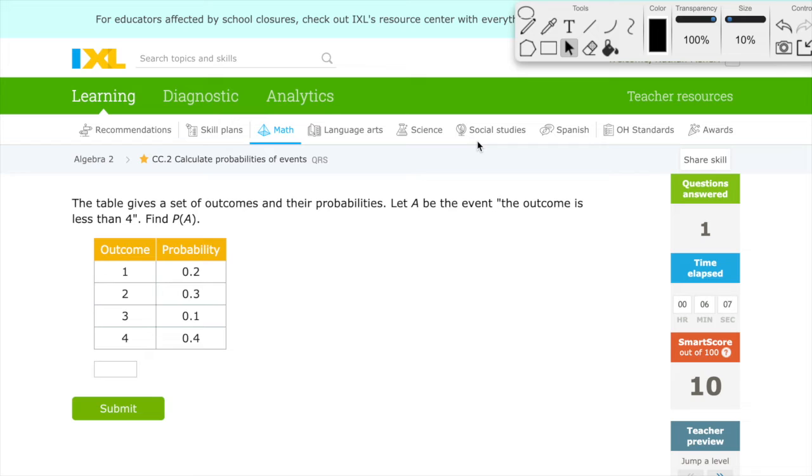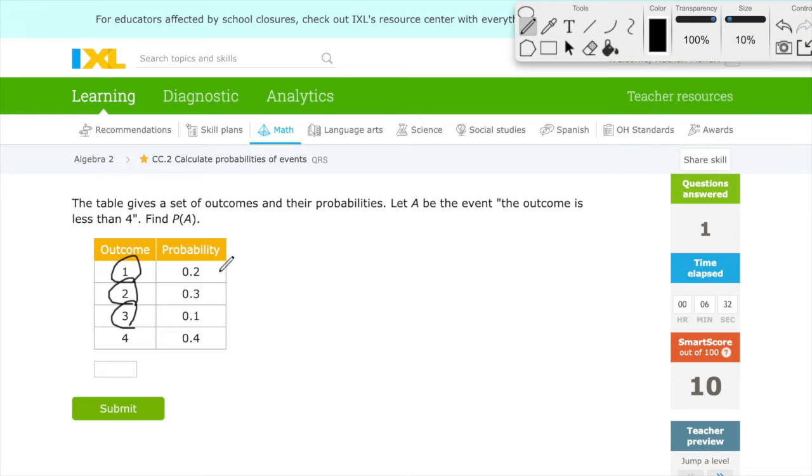Okay. The table gives a set of outcomes and probabilities. This time we're looking for the probability of outcome less than 4. So similar to the last one. 1 is less than 4. 2 is less than 4. 3 is less than 4. Similar to the last one with the 3. 4 is not less than 4. They're equal, so we're not going to count that one.